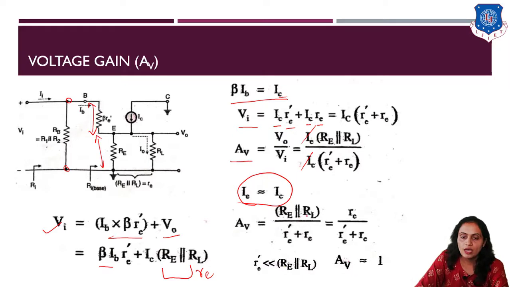We have RE parallel RL divided by RE dash plus RE, and RE parallel RL is just RE. RE dash is very small compared to RE, and that is why AV is almost equal to 1. That is, the voltage gain for the common collector amplifier is almost equal to 1.